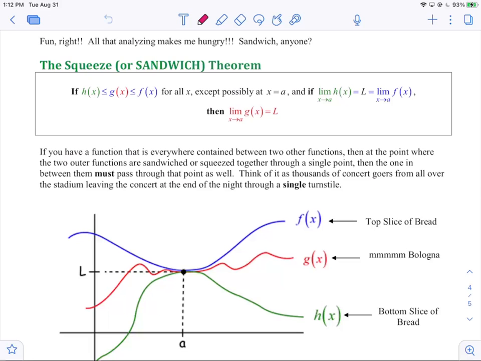Here's what it says. If h of x is less than or equal to g of x is less than or equal to f of x. Now, the names of the functions are kind of irrelevant. I color-coded them, and look, I'm not really good with my color schemes there. That g is supposed to be red.